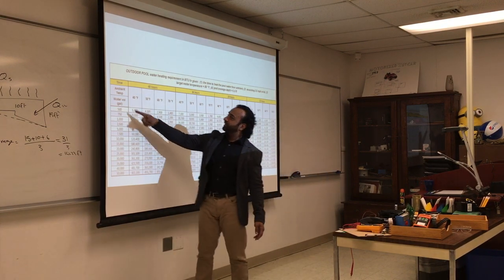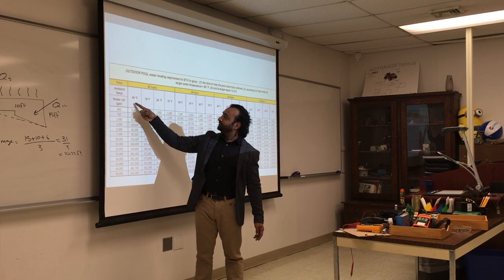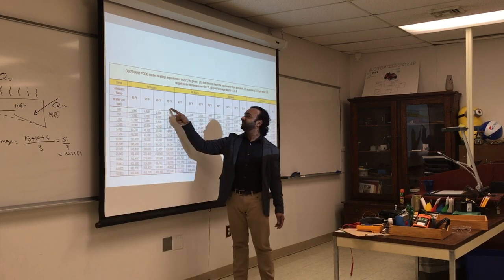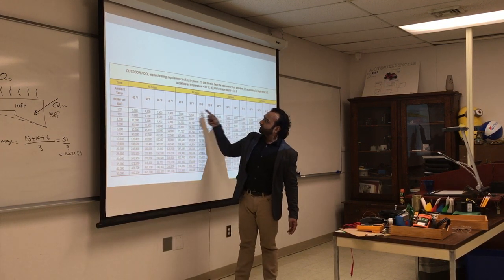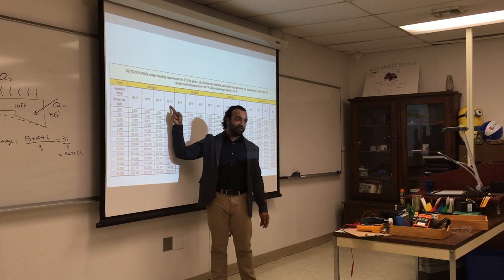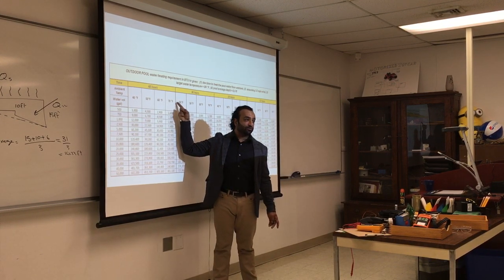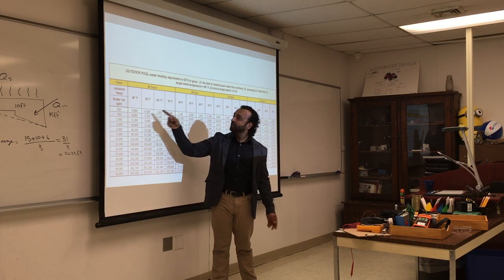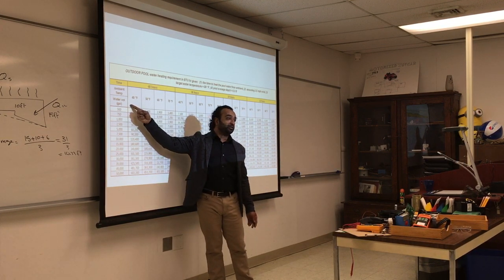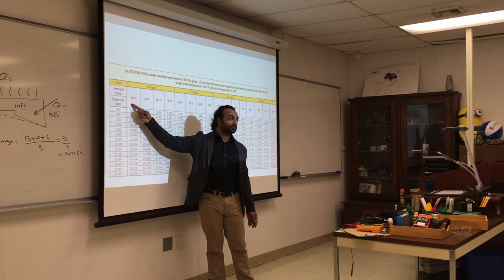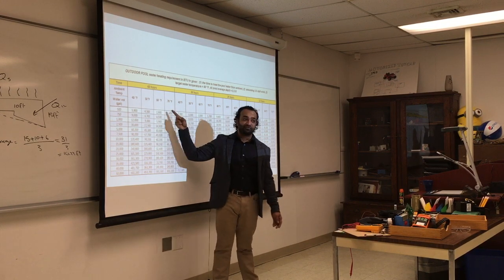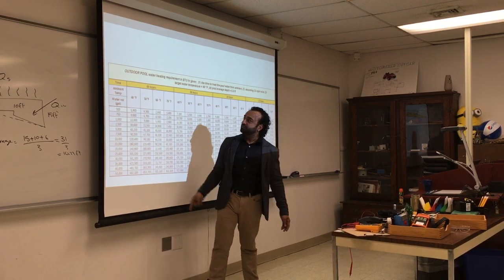And this will go with the ambient temperature, 40, 50, 60, 70, and so on. So if it's 70, probably you don't need that much to heat it. If it's more than 70, you don't need to heat the pool. And if it's less than 40, you don't want to be in the pool anyway. It's freezing outside. So 40 to 70 is a reasonable temperature difference.